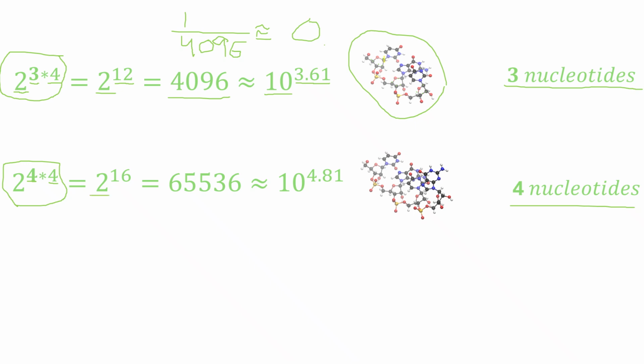So this will be 2 raised to the 16, which is equal to 65,536, approximately 10 to the 4.81. So here you see that it's even more unlikely that this would ever happen by chance.